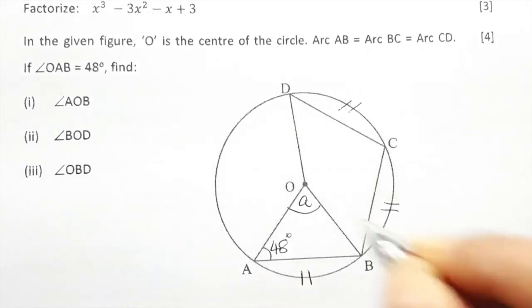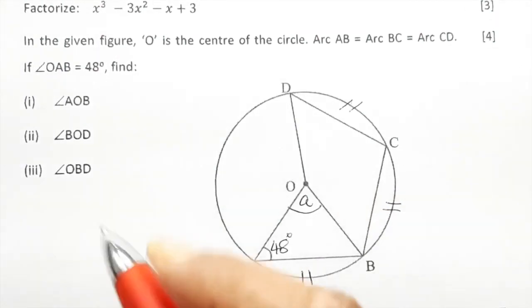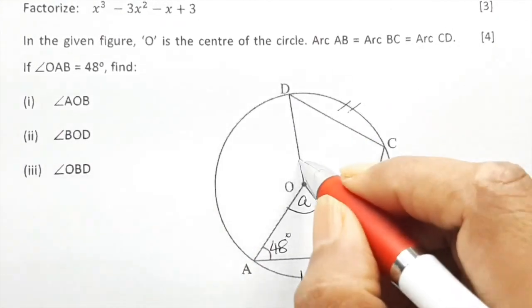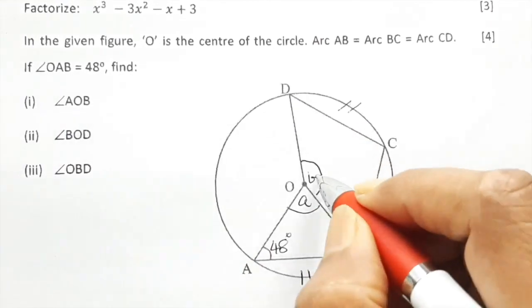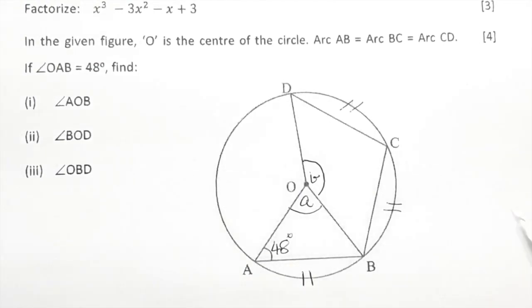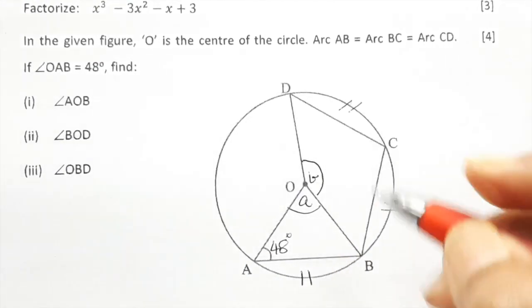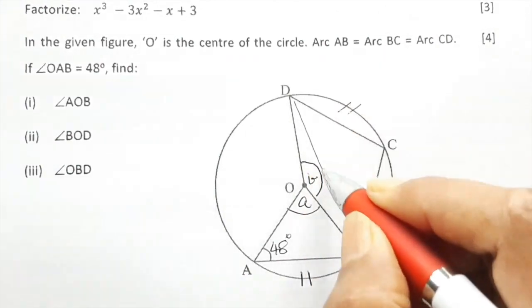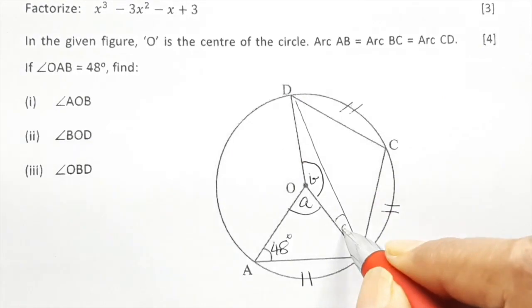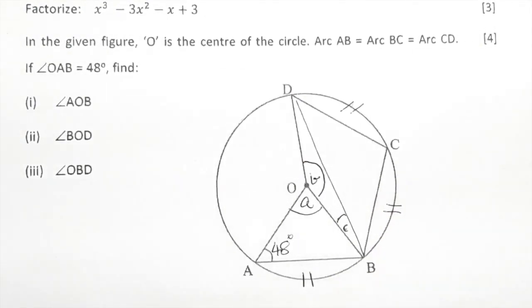So this is the first one that has to be found out. Then angle BOD, and angle OBD. So we have to join this. OBD is this one, which is angle C. This is to be found out.